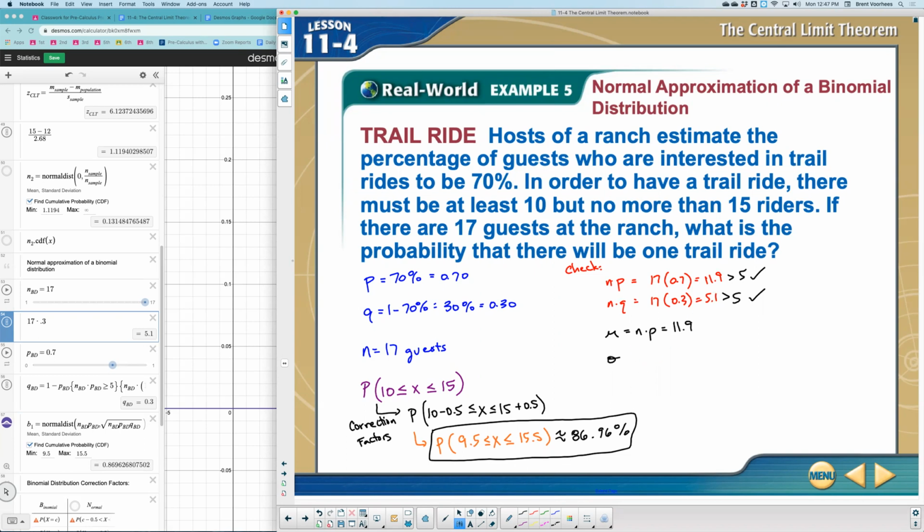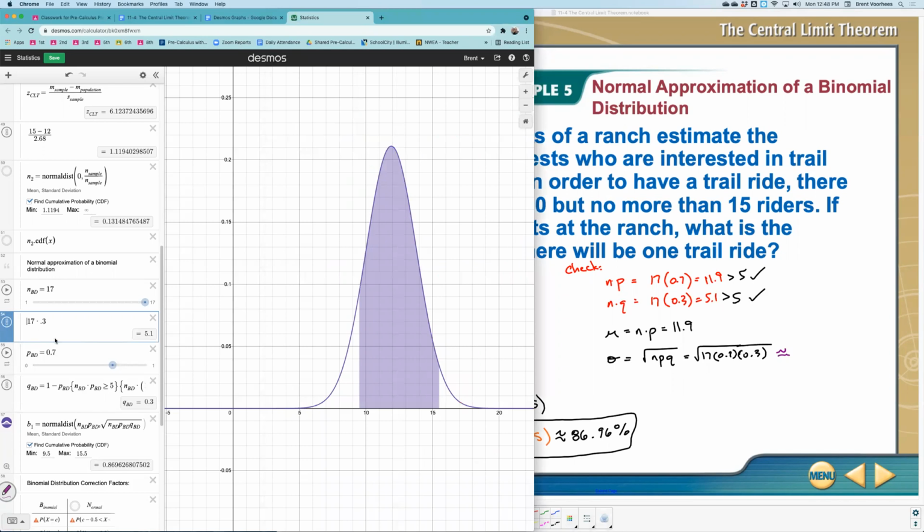And the standard deviation is the square root of n times p times q, which would equal the square root of 17 times 0.7 times 0.3.